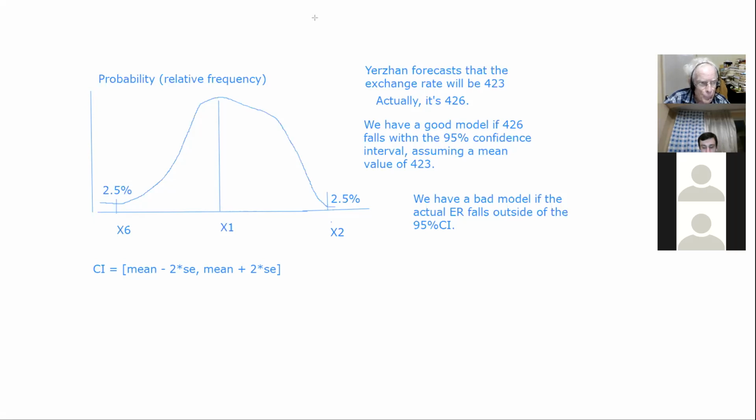Let's see if I can draw this right here. That range on the horizontal axis amounts to F1 plus 2 times the standard error.